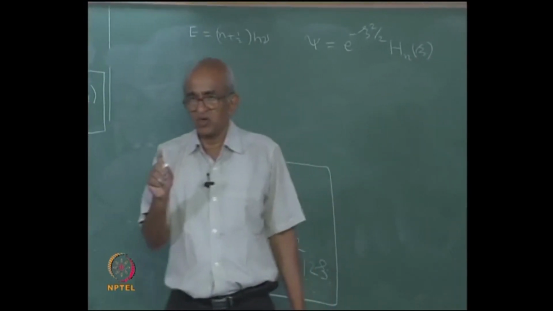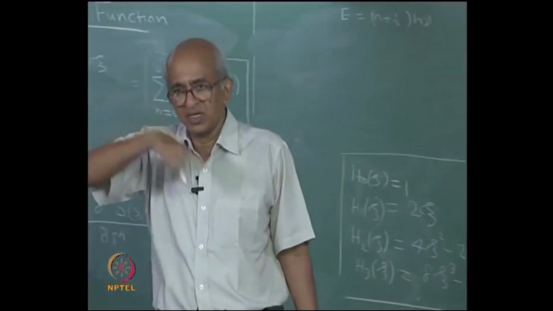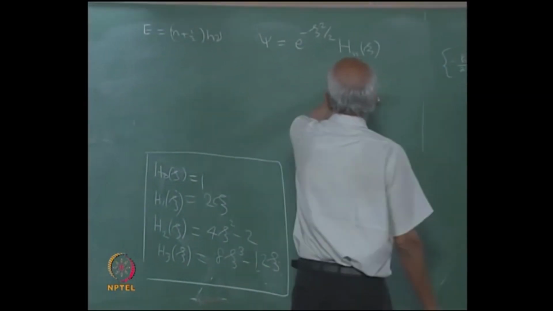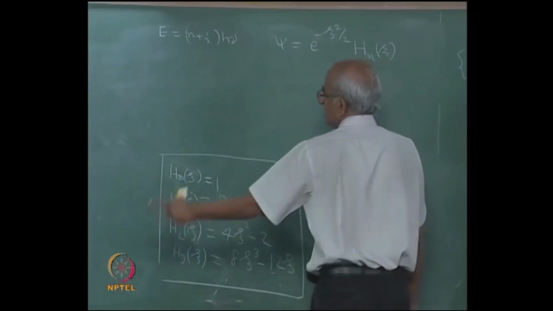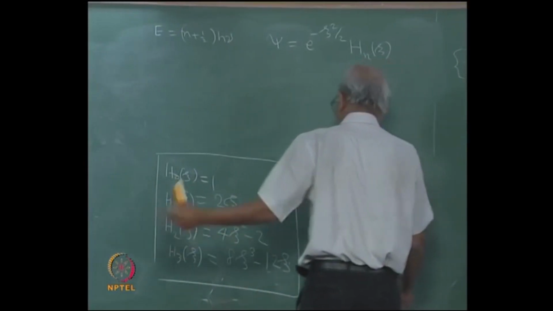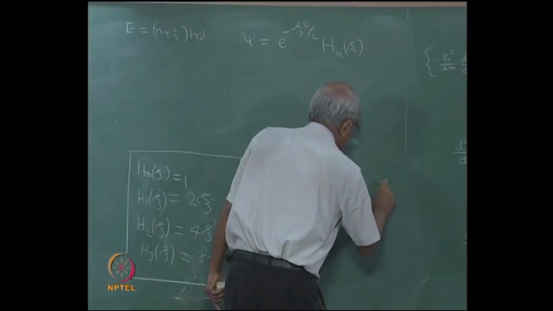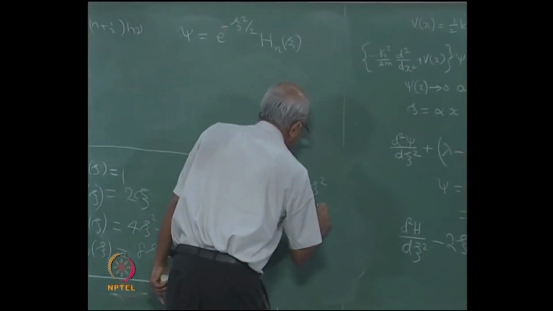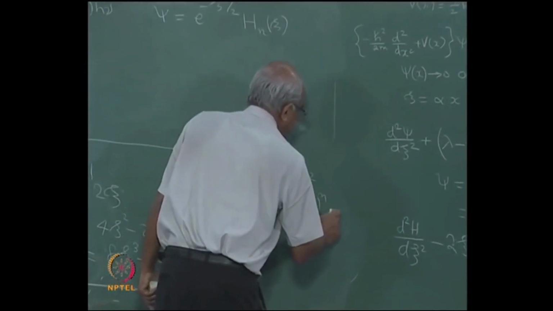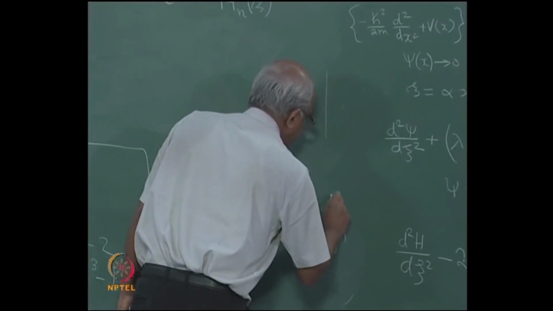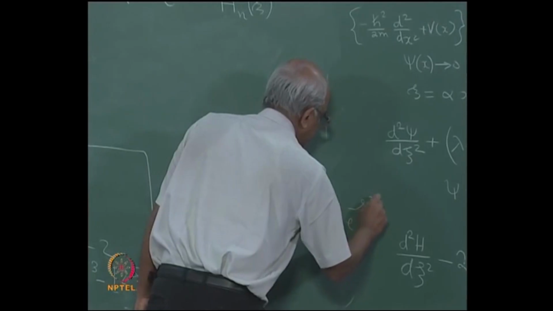The degree of the polynomial, that is the highest power of c, will be n. Hn you can evaluate using the formula which was originally derived by Hermite, I believe. The formula is e to the power of c square, minus 1 to the power of n, d by dx to the power of n, e to the power of minus c square. This is Hn.